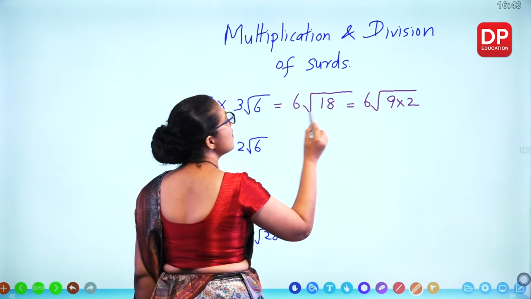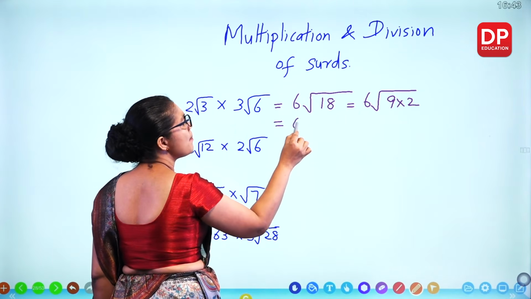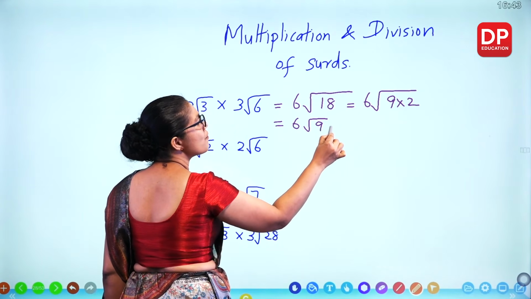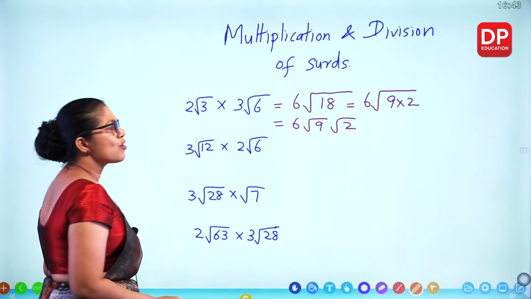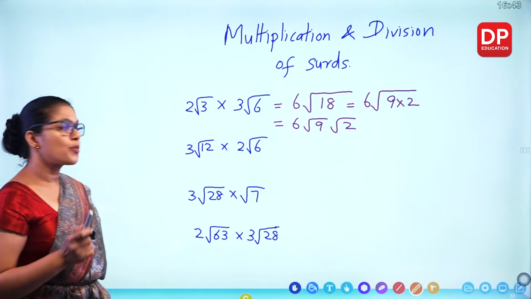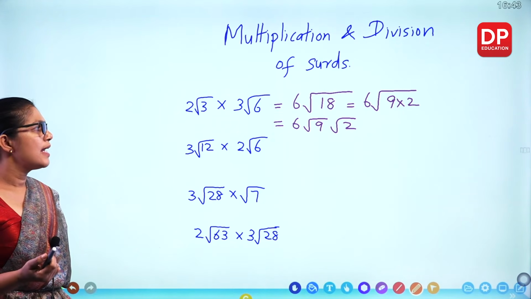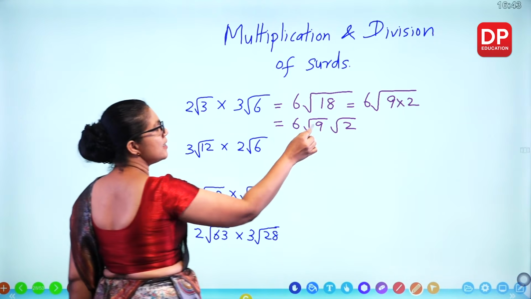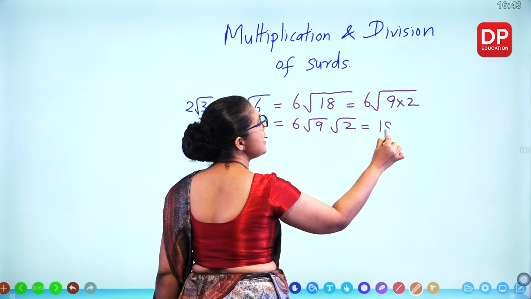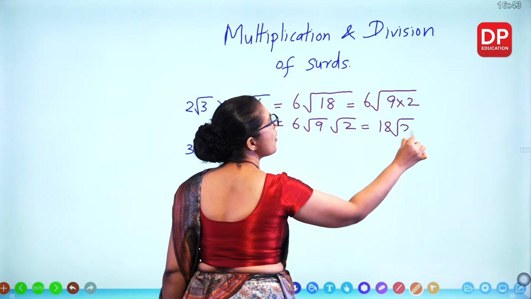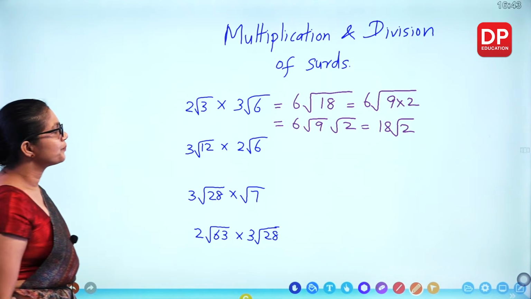Then what I can do? I can write separately. You get square root of 9 and square root of 2. But we know square root of 9 is 3. So 3 times 6, you can multiply and write 18 and square root 2.